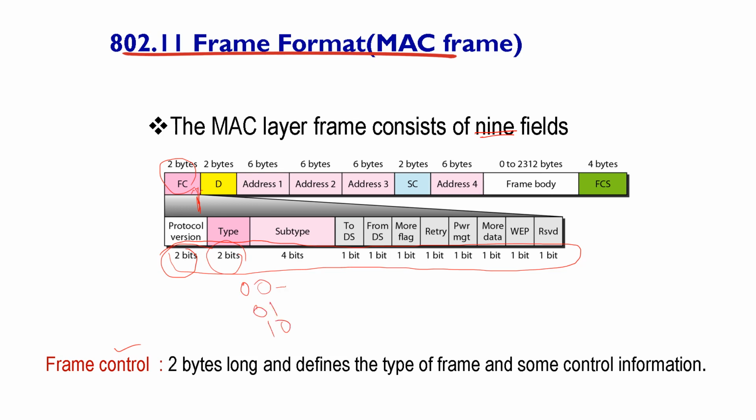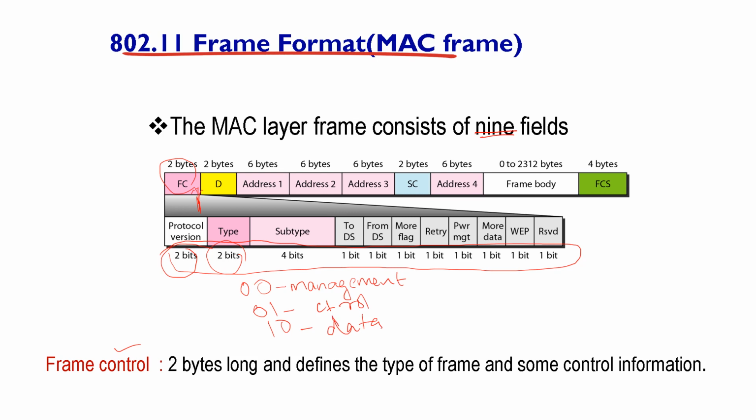If the value of this 2-bit type field is 00, then it means this frame is a management frame. If the type bits are 01, then it means the current frame is a control frame, or else it is a data frame.